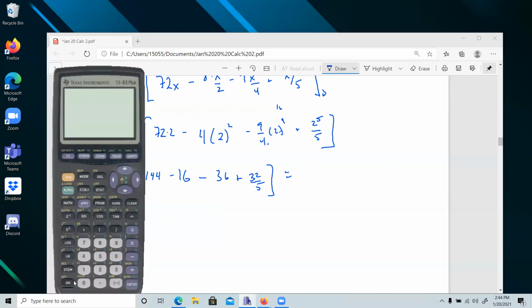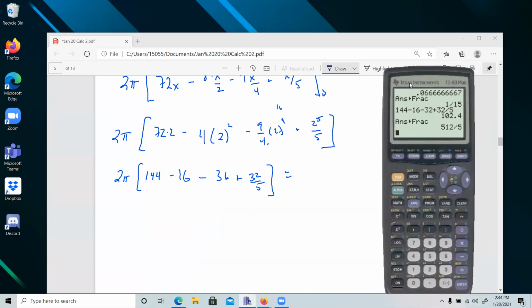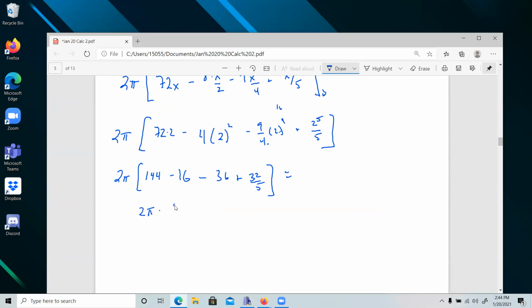So 144 minus 36 minus 32 plus 32 over 5. Okay, and we'll go to math, fraction, 512 over 5. Sounds great. 512 pi over 5. Hey, that's a delightful number, isn't it?